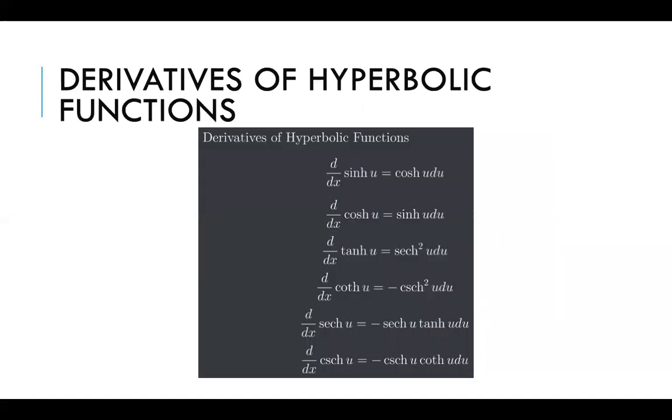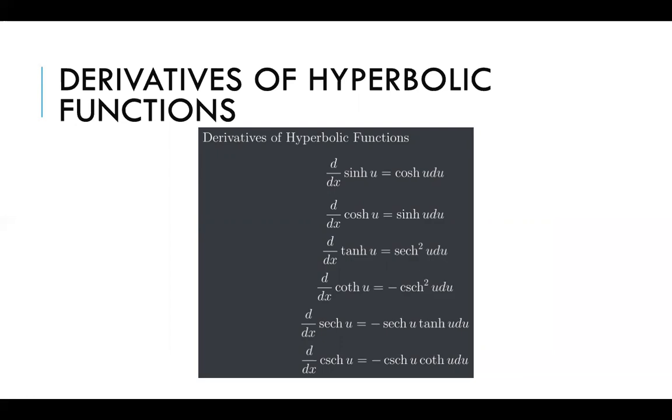So the derivatives of each of the hyperbolic functions are as follows. The derivative of hyperbolic sine u with respect to x is hyperbolic cosine of u du. The derivative of hyperbolic cosine u with respect to x is hyperbolic sine u du.